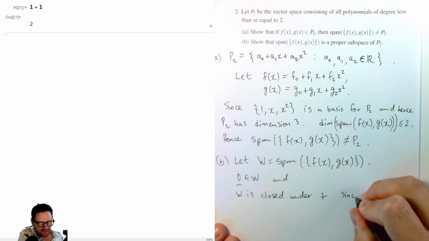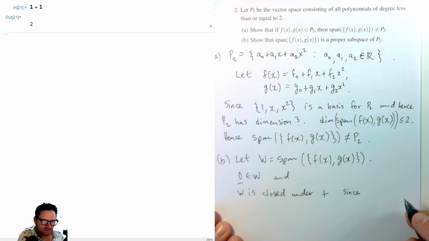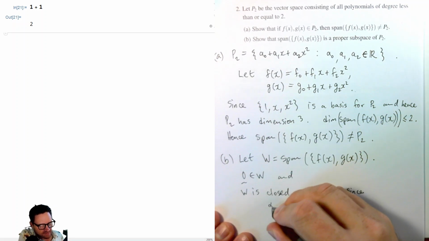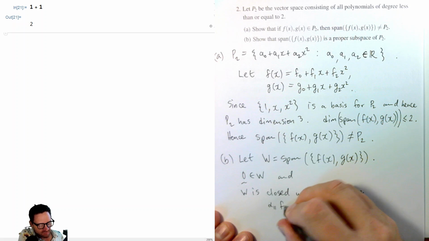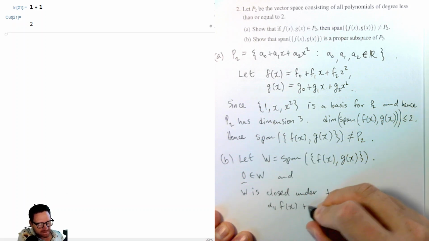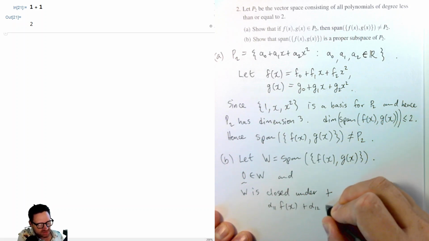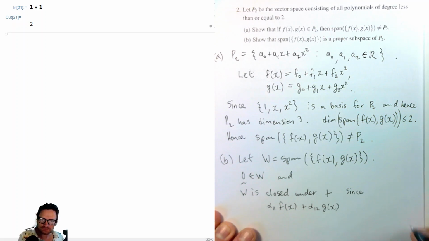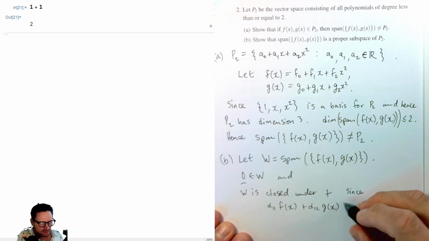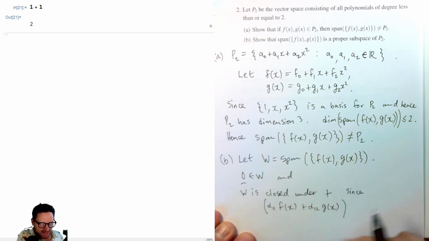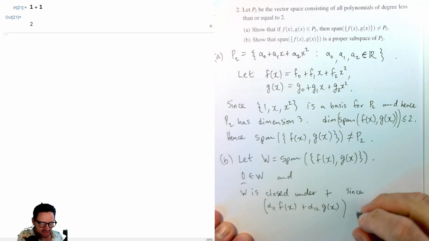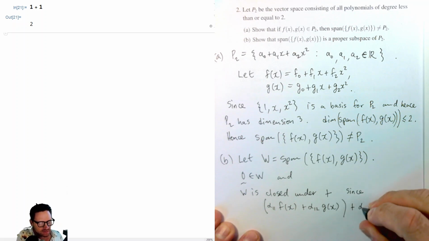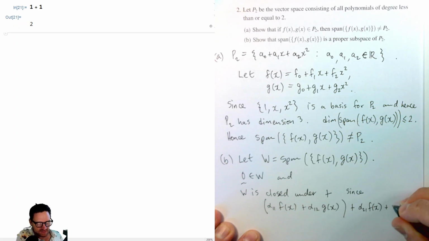So let's say we have alpha 1 1 f plus alpha 1 2 g as an element in the span, and we take another one, alpha 2 1 f plus alpha 2 2 g.